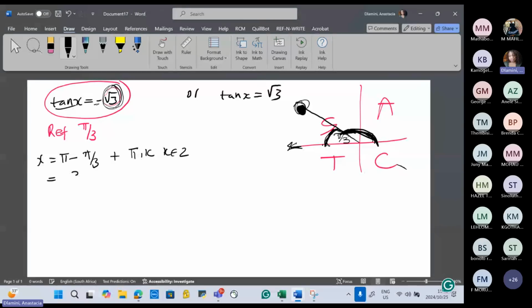So this will be equal to 2π/3 plus π times k, where k is an element of integers. Do you see that?